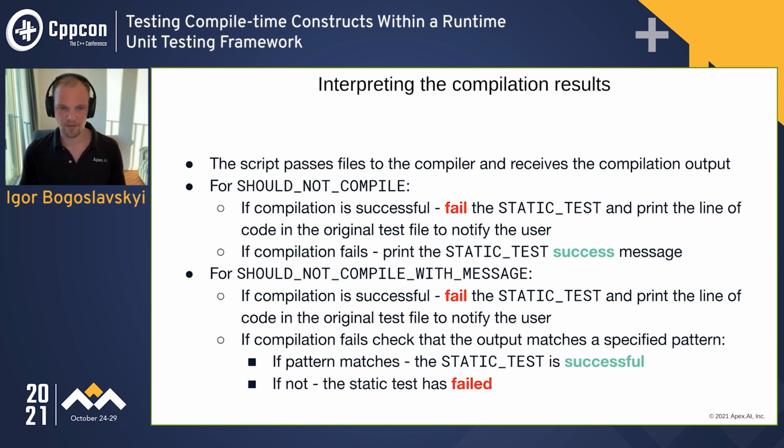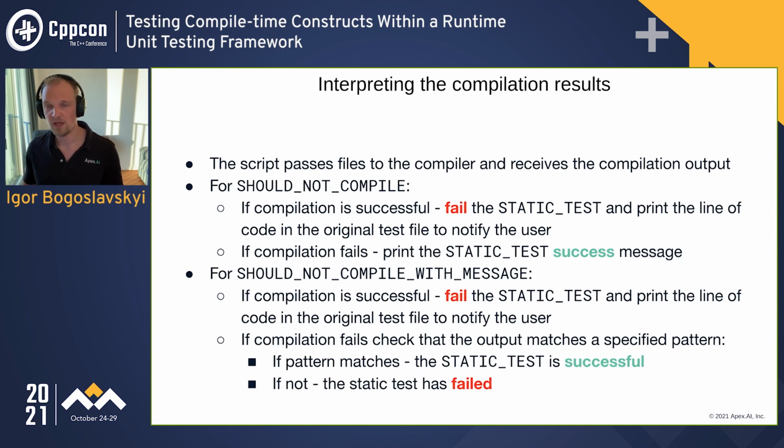And with the should not compile with message, it's a little bit more complicated. If the compilation is successful, it's still the same. The compilation should not succeed, so we would still fail the static test. But if the compilation fails, then we have to check if the message matches some specified pattern, or rather if we find the specified pattern within the message.